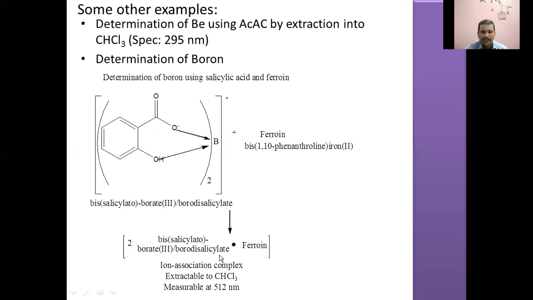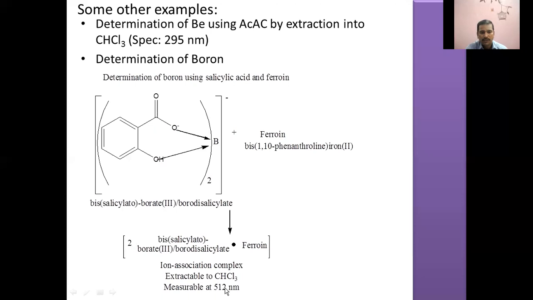Here, borodisalicylate is a negatively charged species, ferroin is a positively charged species. An ionic aggregate of borodisalicylate and ferroin is formed as the ion association complex. Somewhat orange colored complex is produced; the ion association complex possesses a deep orange color measurable at 512 nanometer.